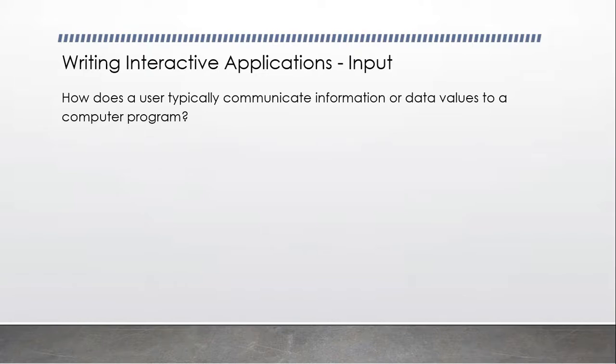Well, probably through the keyboard. Now the keyboard is associated with another type of object called System.in, which makes sense. System.out, we're sending stuff out of the computer for the user to see. System.in, somehow we're getting something into the computer application for the program to work with, to manipulate in some way.